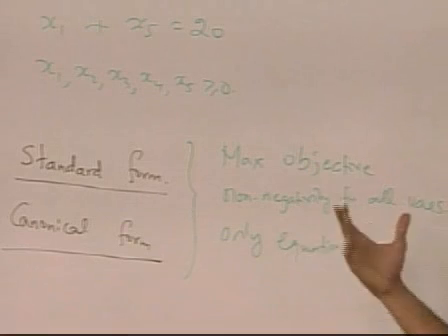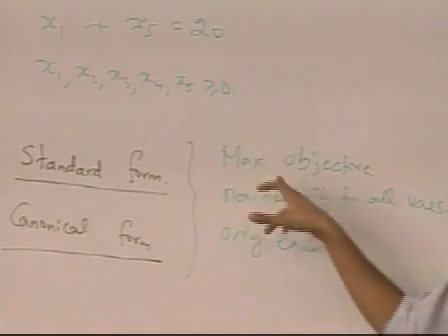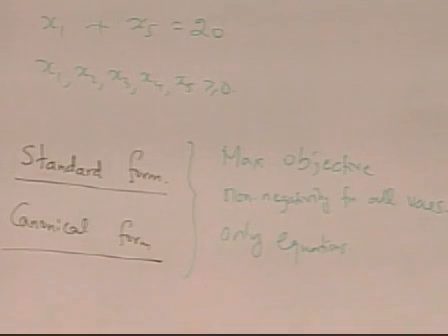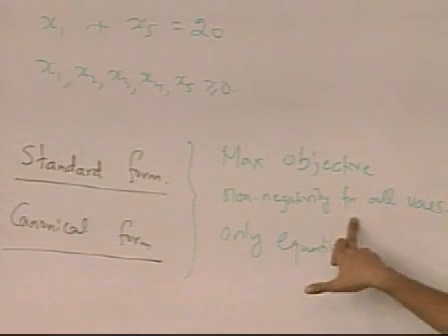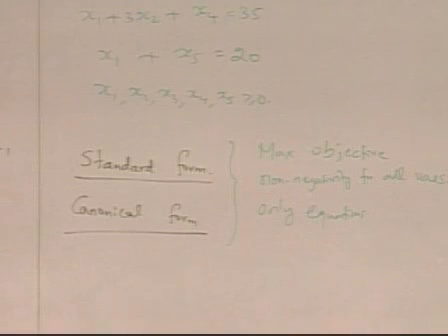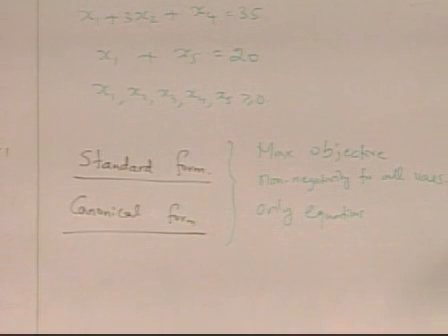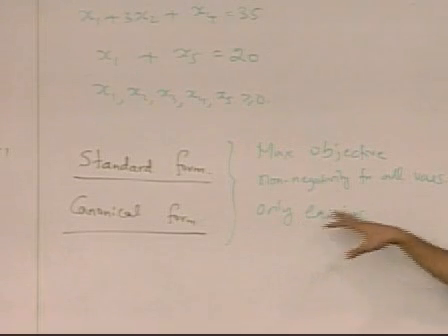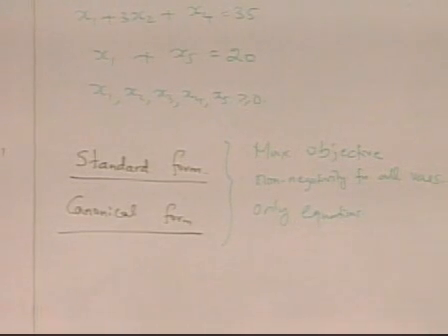Now, in a general linear programming problem, your objective could be to maximize or minimize. Variables could be non-negative, non-positive, unrestricted. And you may have inequalities going one way or the other way in addition to equations.